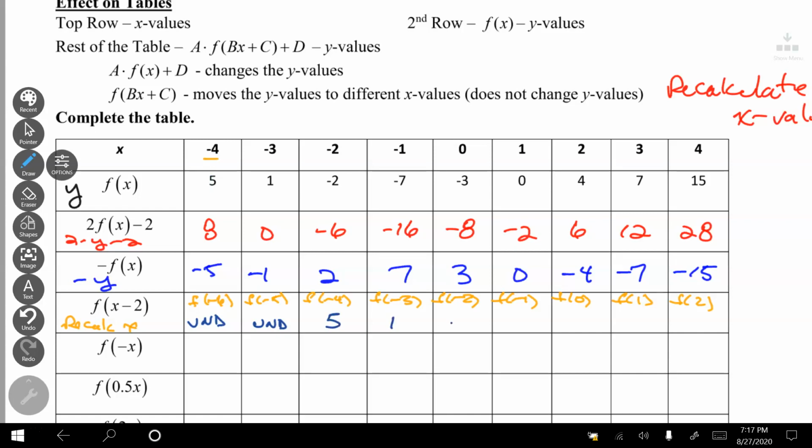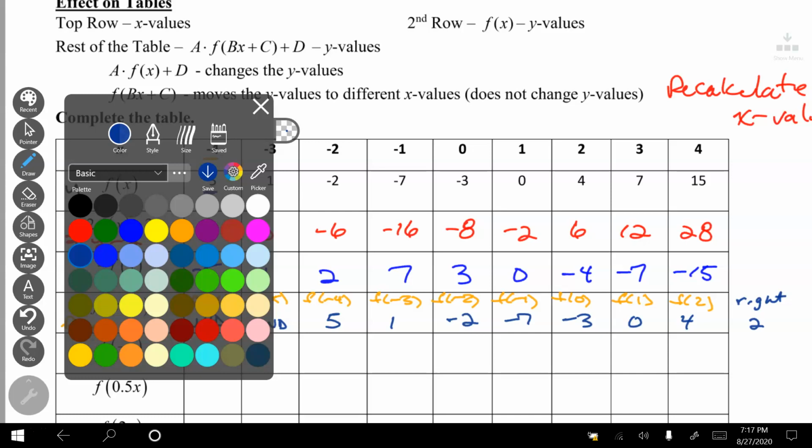And it goes 1, negative 2, negative 7, negative 3, 0, and 4. If you pay close attention, this 5 that was here is now here. It is right 2, just like what x minus 2 does to a graph.